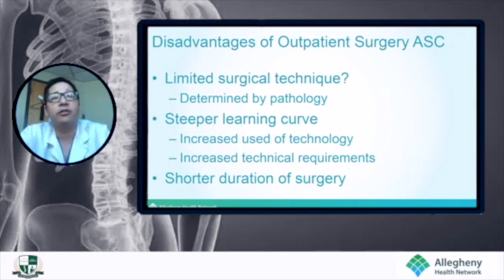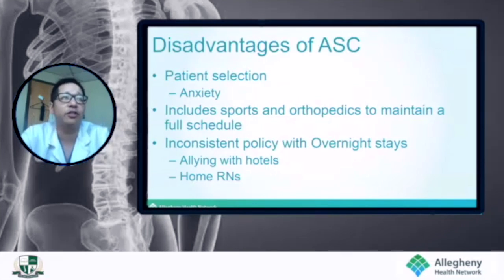So certainly the cost of some of the navigation systems, some of the robotic systems certainly comes into play. And one of the hindrances is typically the surgery, we want it to be shorter because the longer the anesthesia time, the more likely the patient isn't going to be able to tolerate a same-day surgery situation.